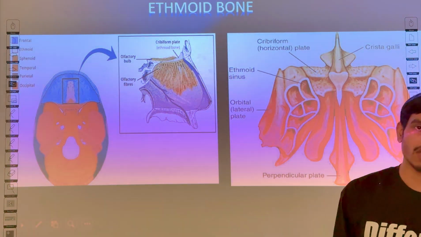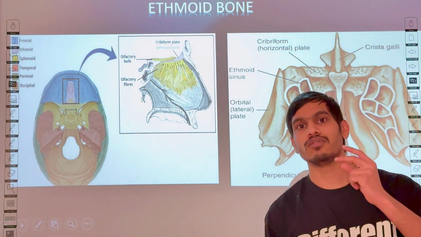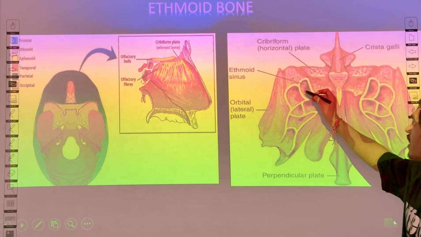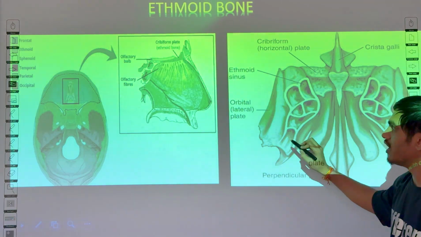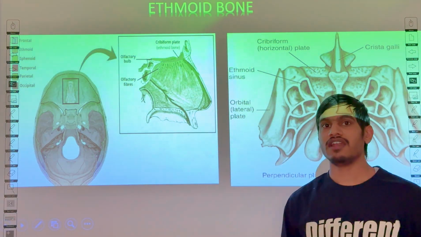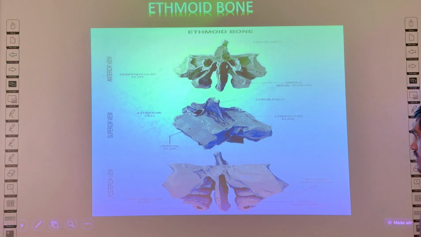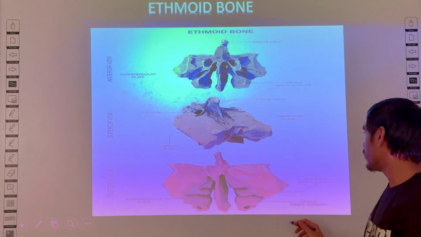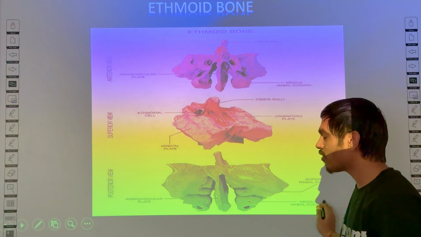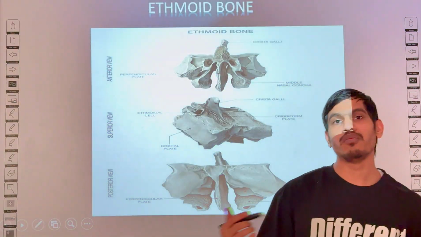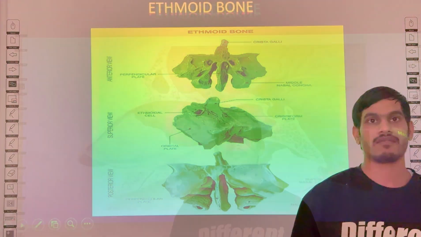According to their location, they are divided into three types: anterior ethmoidal sinuses, middle ethmoidal sinuses, and posterior ethmoidal sinuses. It also consists of two structures known as the superior nasal concha and inferior nasal concha, which help to humidify the inspired air.